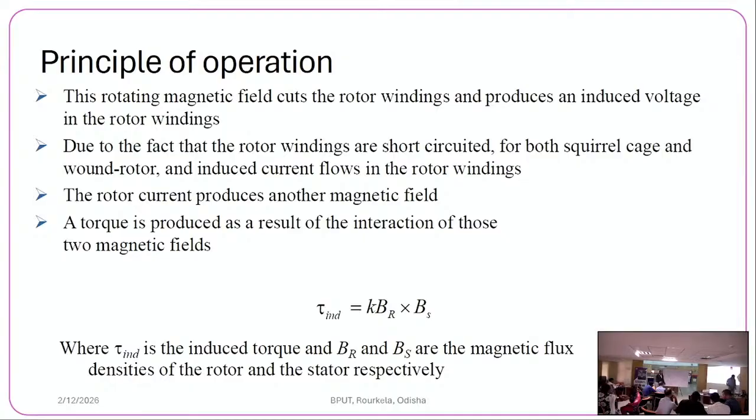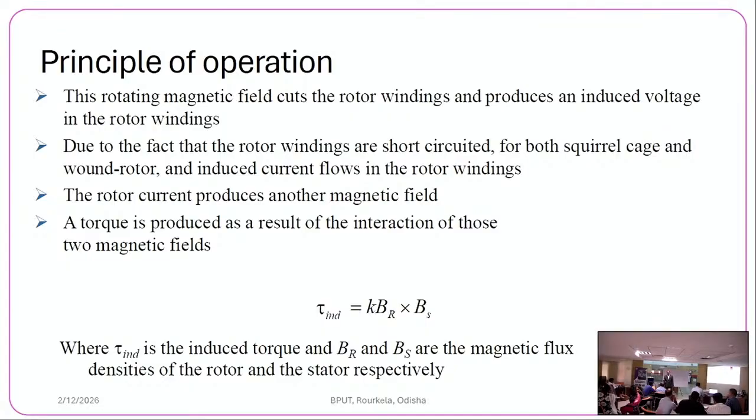You define the slip such that the actual speed of the rotor is 1 minus S times the synchronous speed, and the magnetic field with respect to the rotor is rotating at a speed S Ns. If you add them, the actual speed of the rotor MMF with respect to the stator core is Ns. So that means the rotor magnetic field and stator magnetic field both are rotating at the same speed.